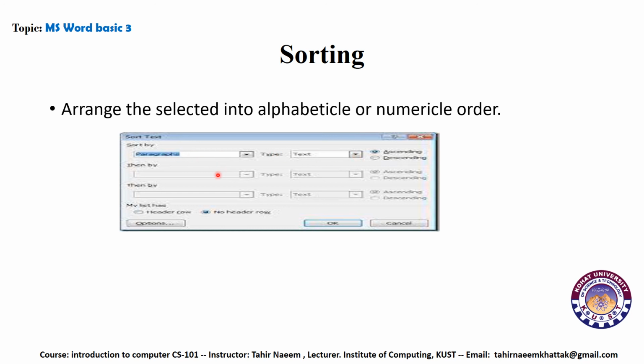So basically sorting is used to sort the names of people, or we can sort numbers or anything like that. Different sorting options are available, normally used in this type of operation.